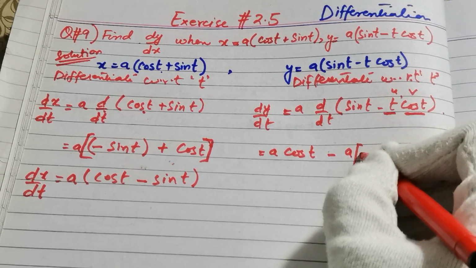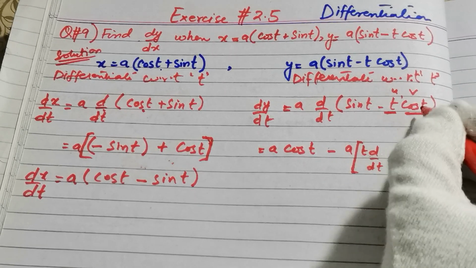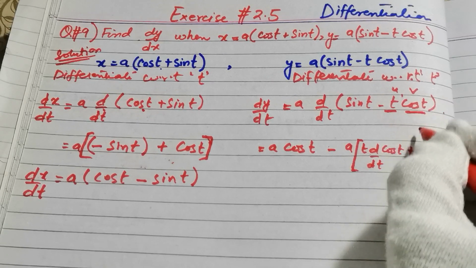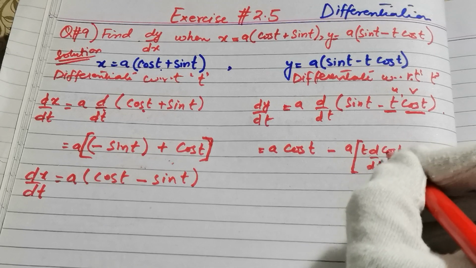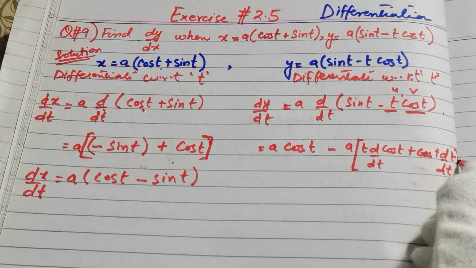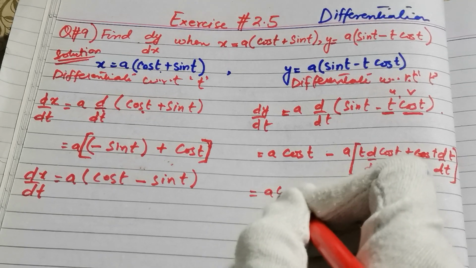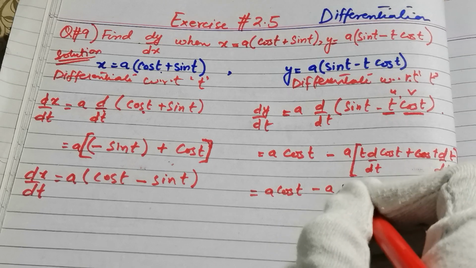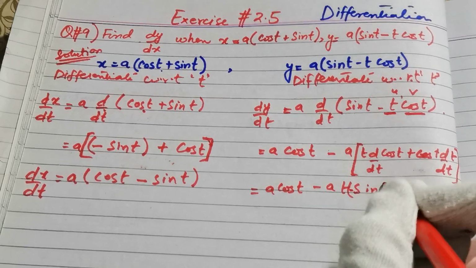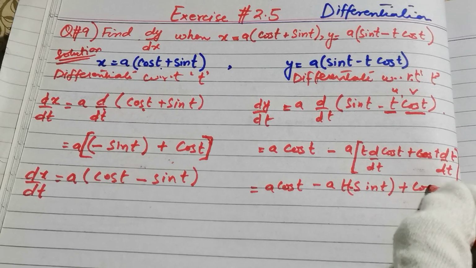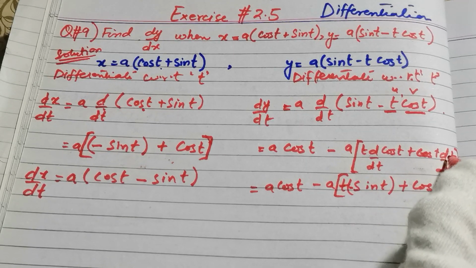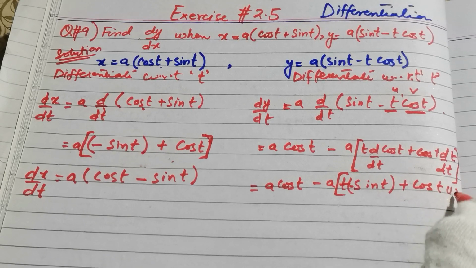According to the product rule, u times the derivative of v plus v times the derivative of u. Here u is t and v is cos t. So it is equal to a cos t minus a times t. The derivative of cos t is minus sin t, plus cos t as it is, and the derivative of t with respect to t is 1.